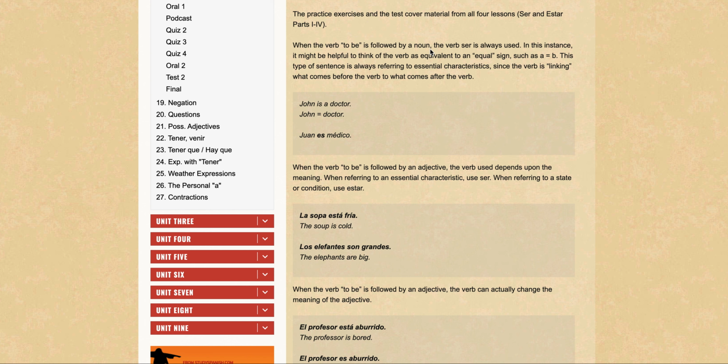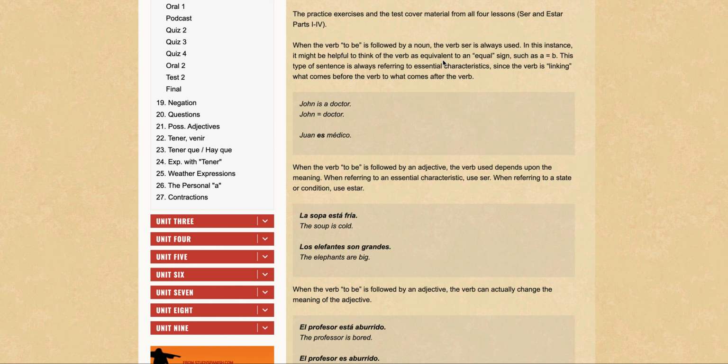In this instance, it might be helpful to think of the verb as equivalent to an equal sign, such as A equals B. This type of sentence is always referring to essential characteristics, since the verb is linking what comes before the verb to what comes after the verb.